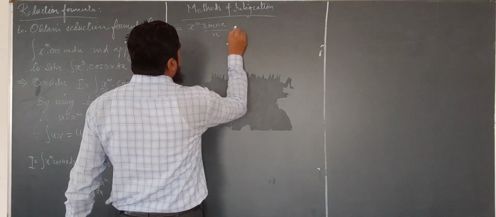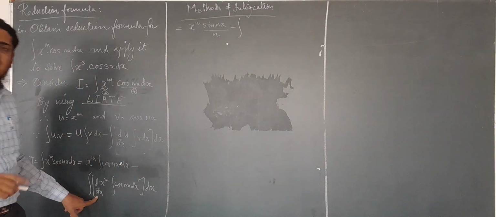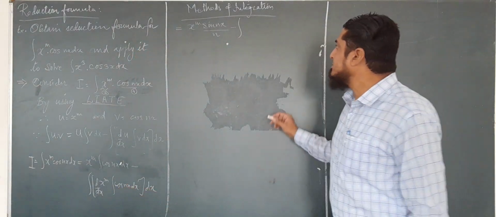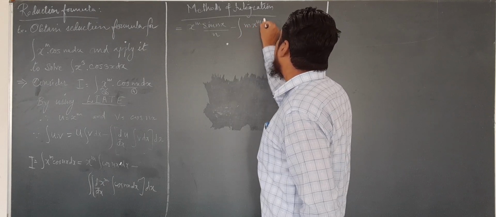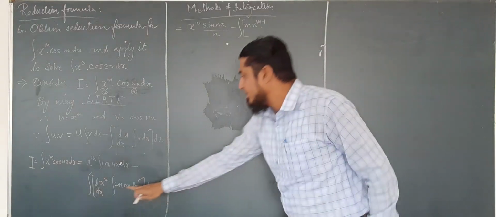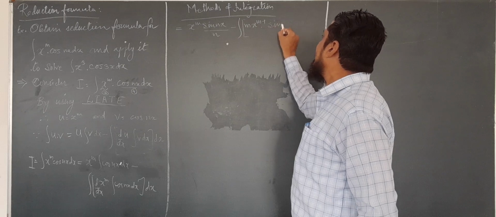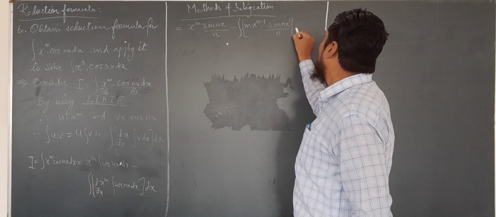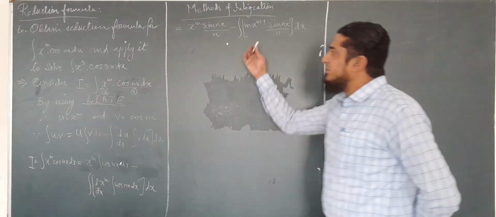Now minus as it is, integration as it is, differentiation of x raised to m becomes m x raised to m minus 1, and into integration of cos nx, which will give us sin nx upon n, and whole dx. Correct? Now simplify this equation.